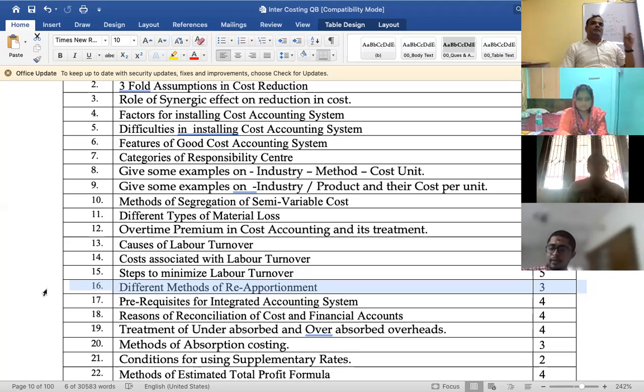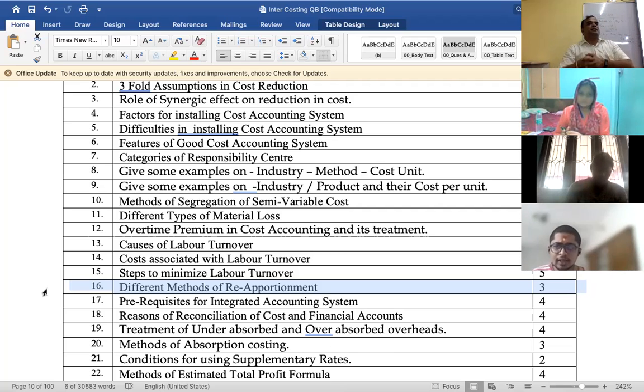If the service department renders services only to the production department, or if one service department renders services to the production department as well as another service department, whereas the other service department renders services only to the production department, or both the service departments serve each other, any one of the techniques you can apply. Both techniques will give the same result.